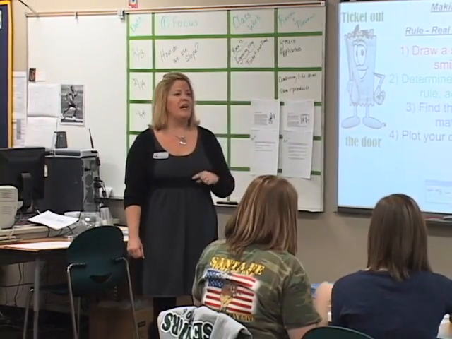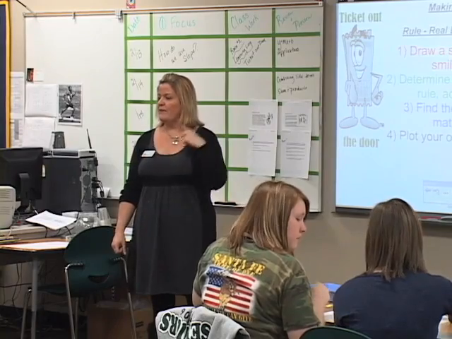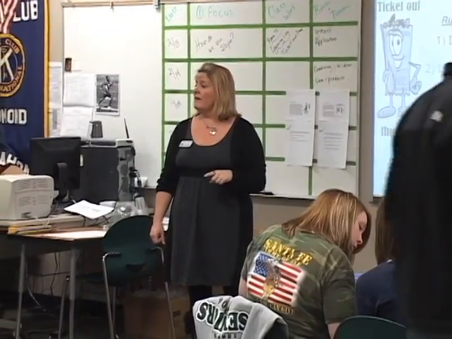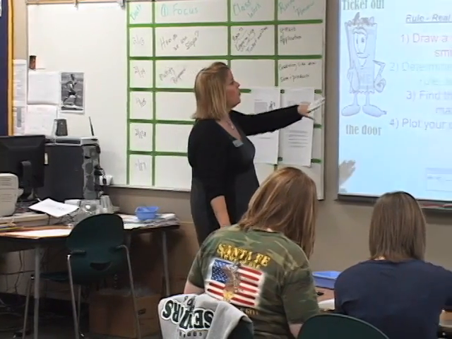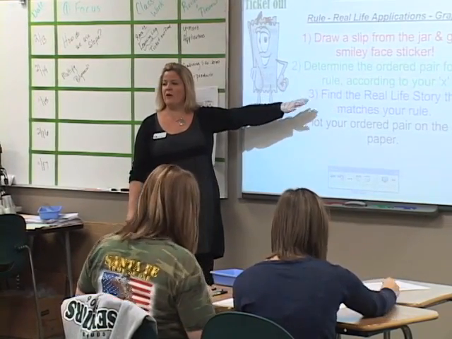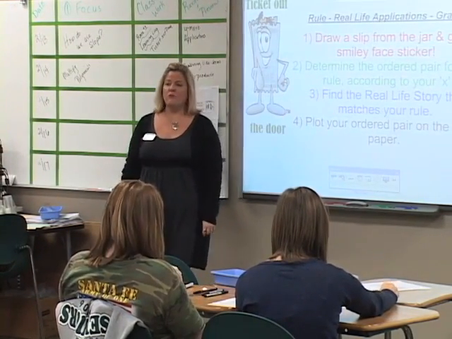And tomorrow we're going to come back and look at all the graphs, to see what errors there are, if there were any, and how we can correct those. So start working in your group to find your ordered pair. Once everyone in your group knows your ordered pair, go find the graph that it should go on.